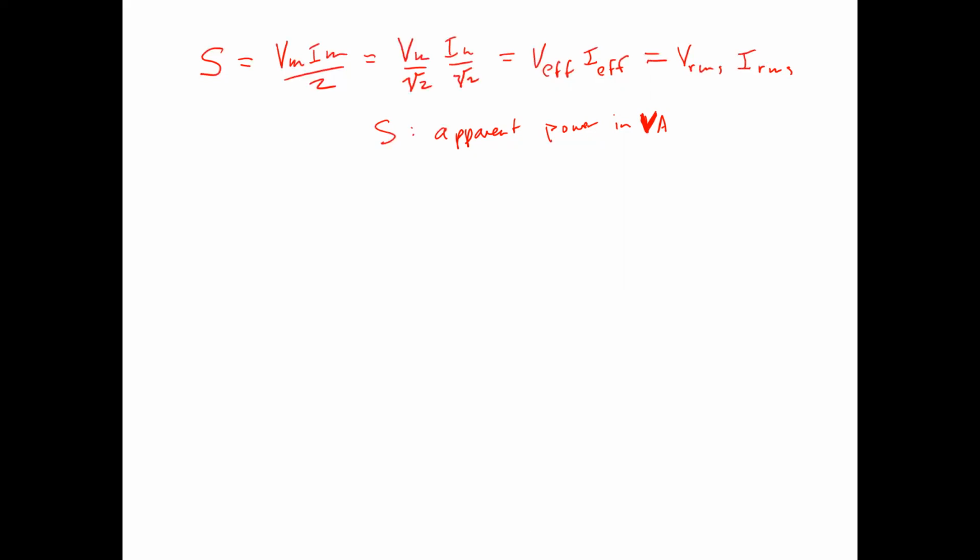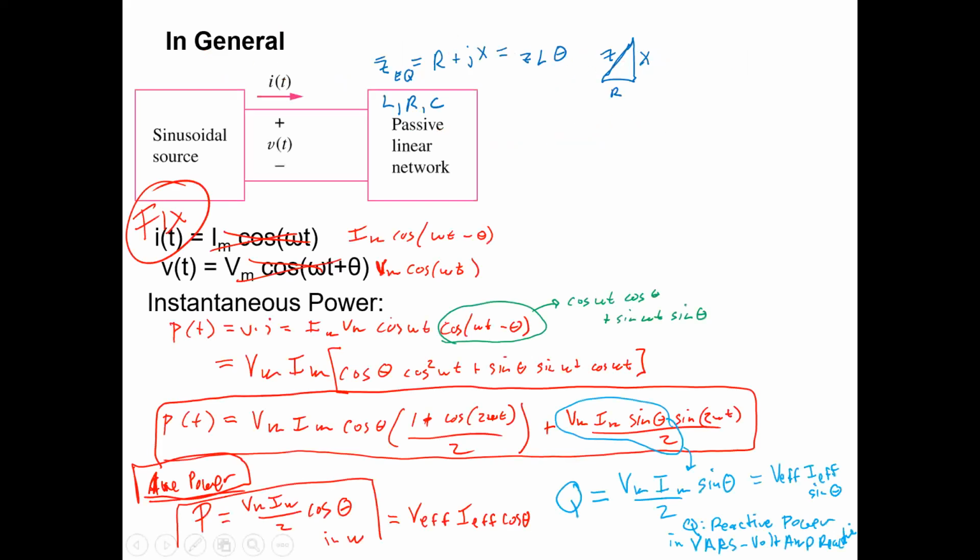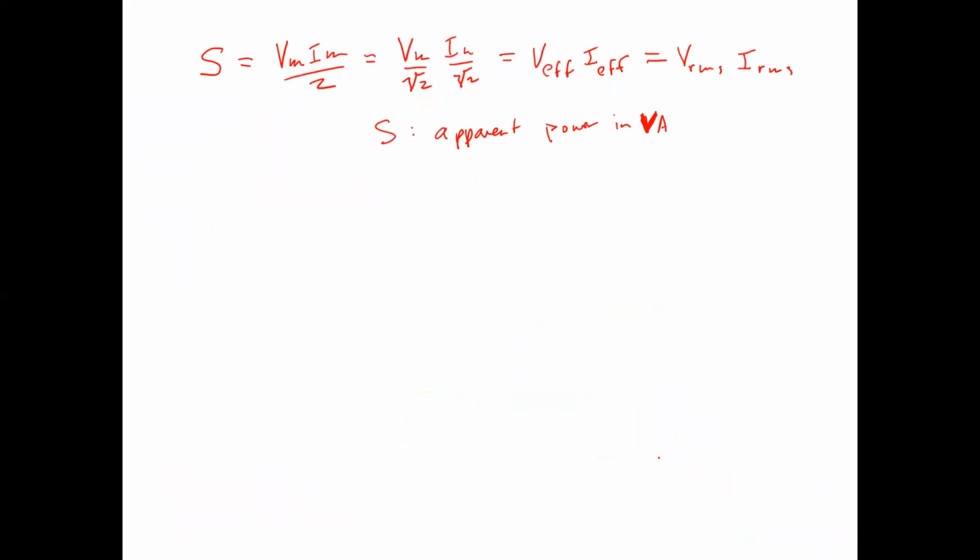And this is a convenient term because when you look back at the formula, you can see that this average power is this thing here. This is S cosine of theta, and for Q it's S sine of theta, right? And that leads you to a triangle formulation.